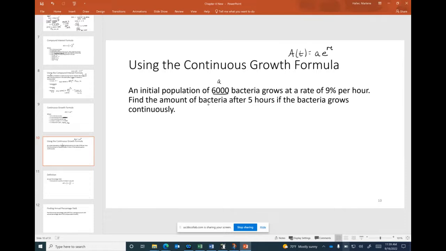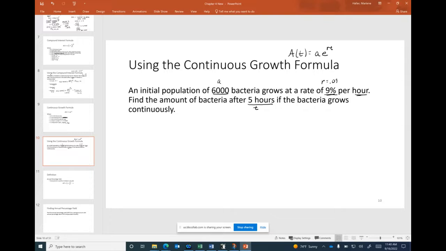For this one, we have an initial population of 6,000 bacteria, and it's growing at a rate of 9% per hour. So our r here is 0.09. Our unit of time is hours here instead of years. Find the amount of bacteria after 5 hours, there's our t, if that bacteria grows continuously.